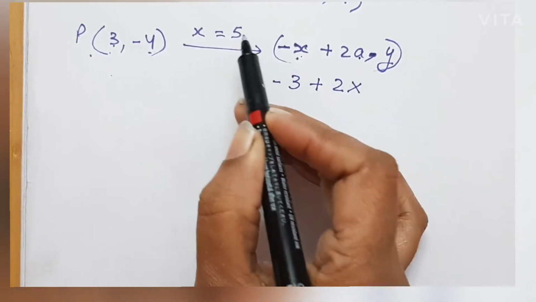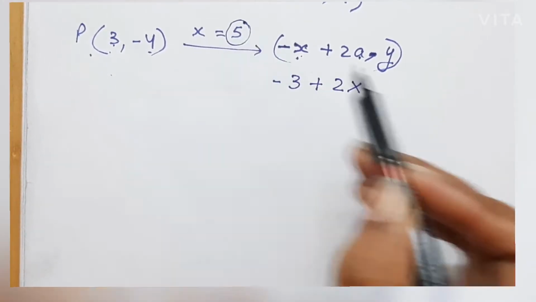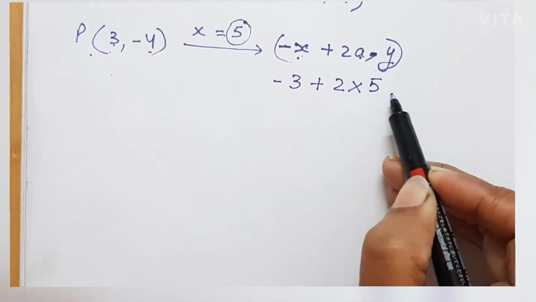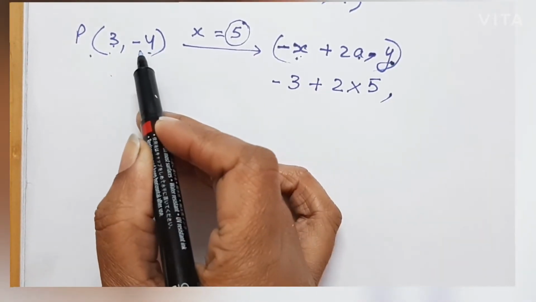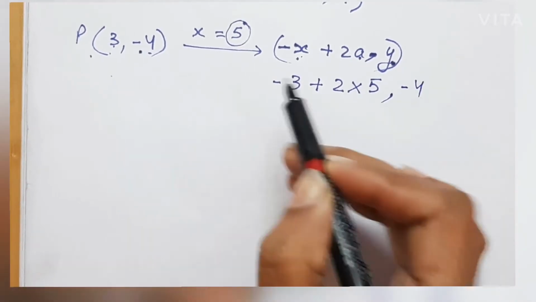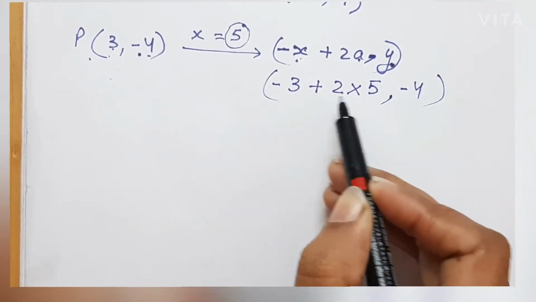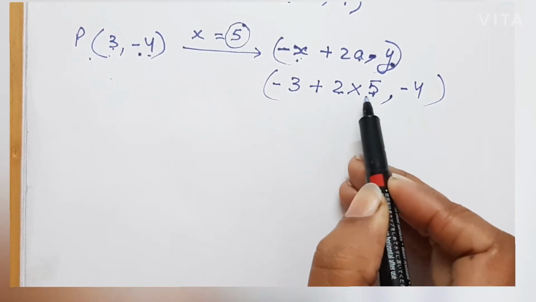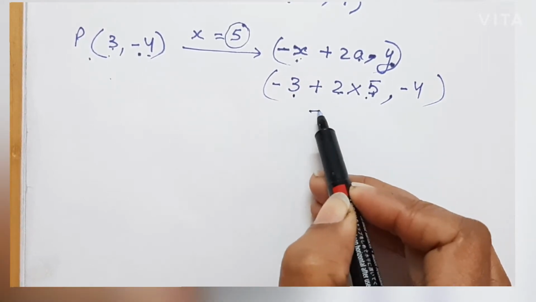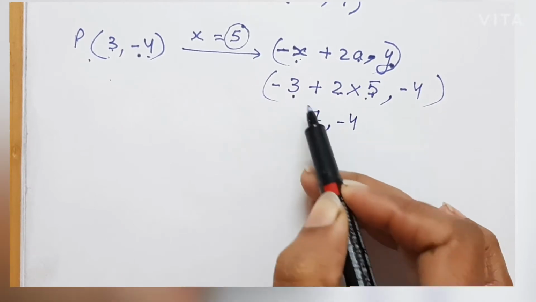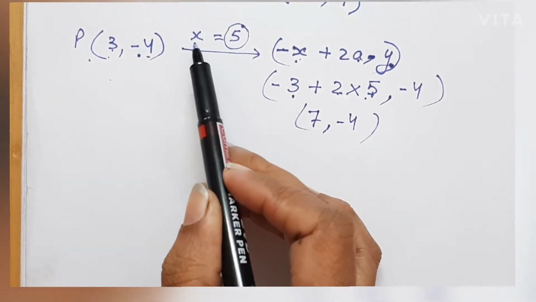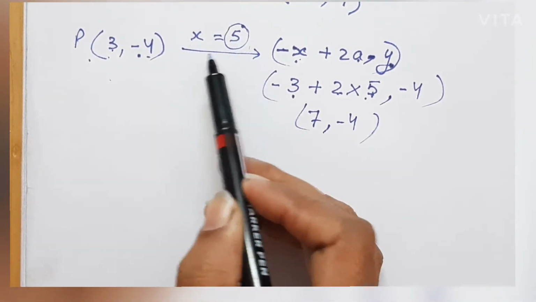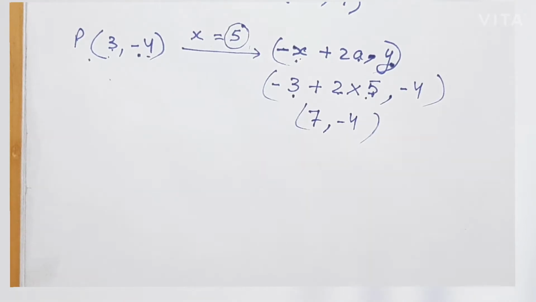Now what is a? Here a is 5. So 2 into 5. Now y will come as it is. What is y here? Minus 4. So the answer is, 5 2s are 10, 10 minus 3 is 7. So 7 and minus 4. I hope it is clear to you. Similarly, we'll do when it is y is equal to 5 or any other number.